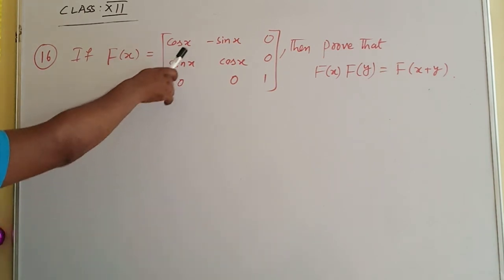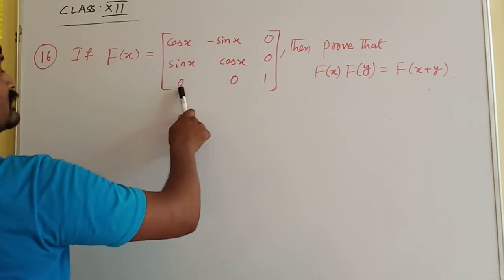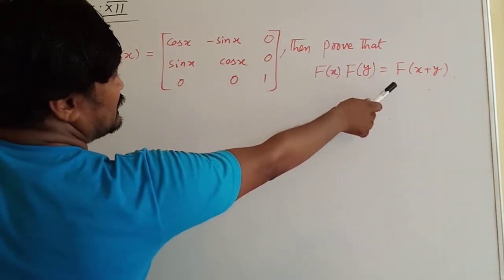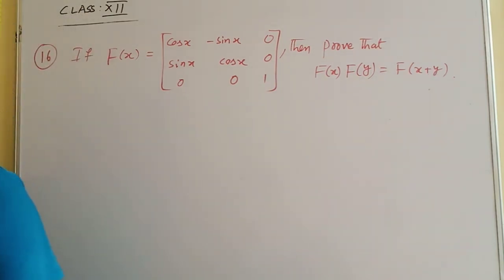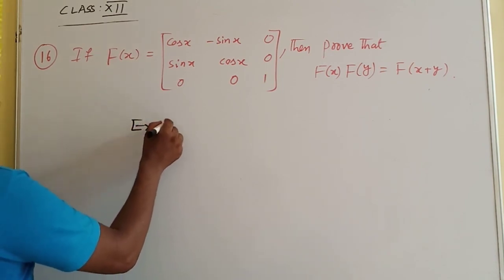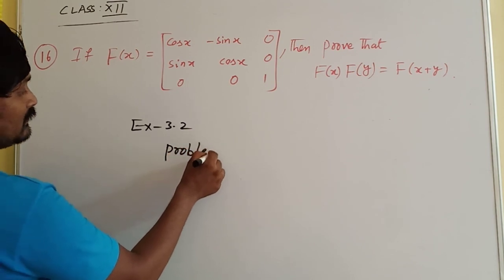If F of x is equal to [cos x, minus sin x, 0; sin x, cos x, 0; 0, 0, 1], then prove that F of x F of y is equal to F of x plus y. This is the given. But this we already solved in exercise 3.2, problem number 6.